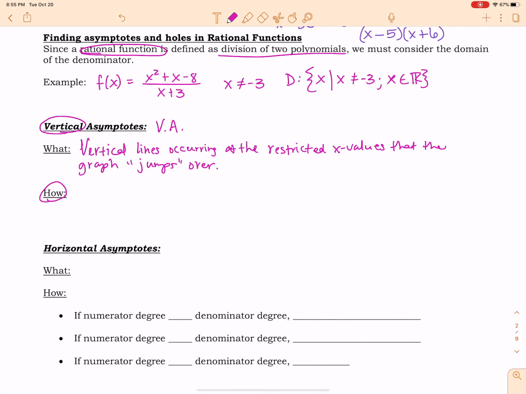So how are we going to find them? We are going to find vertical asymptotes by factoring the denominator, if we can. If we can't, then that's okay.